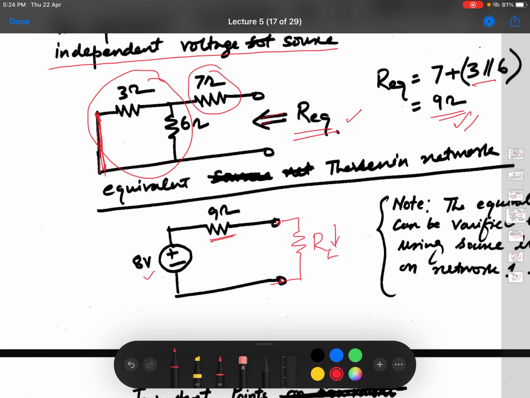For example, in this case, it may be much easier to find R equivalent by calculating series parallel combinations, but it is also true that you can always fix up a voltage over here and find V by I. We are going to get the same result, even in that case. So you have to devise your method depending on the situation.